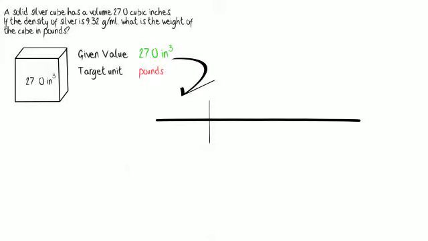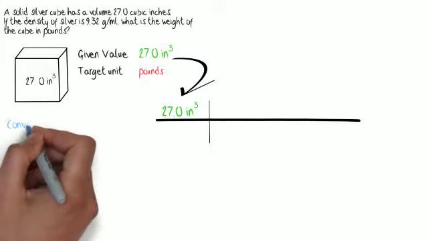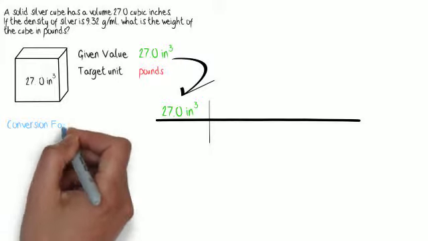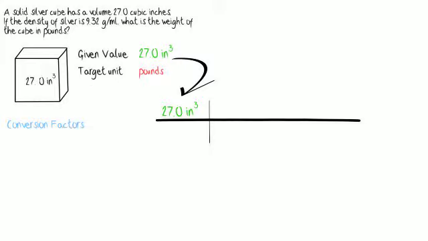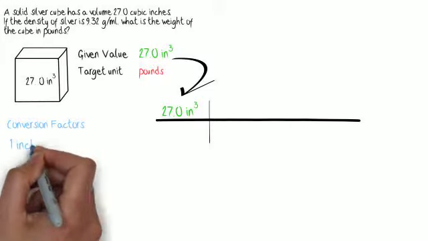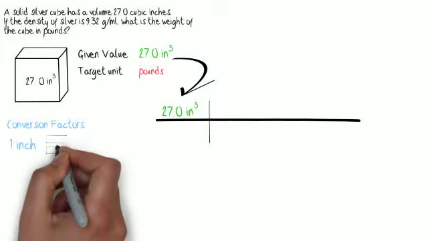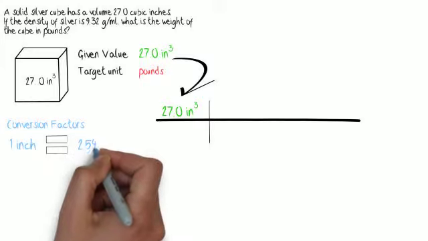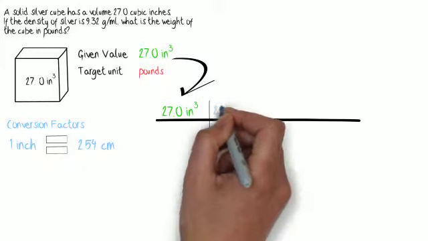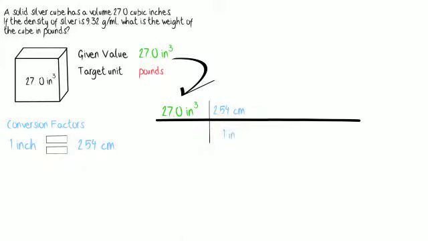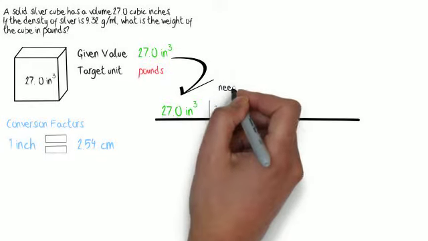27.0 inches cubed is our starting point. And we're going to look at our table of conversions, where you'll see that 1 inch is equal to 2.54 centimeters. So we're going to use that to convert from inches to centimeters. Now, we need to do this 3 times.